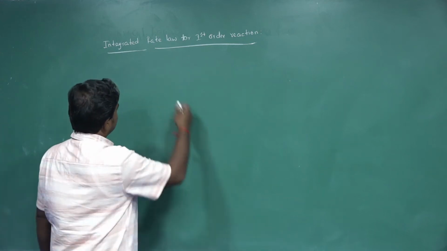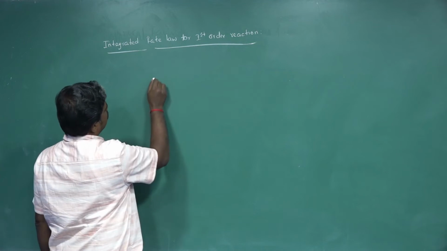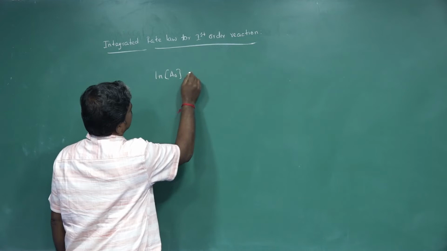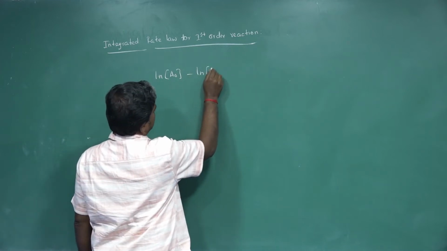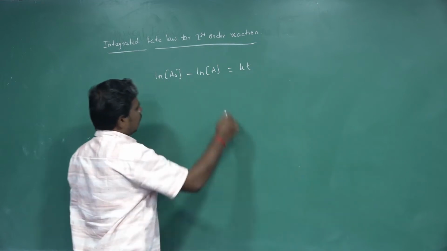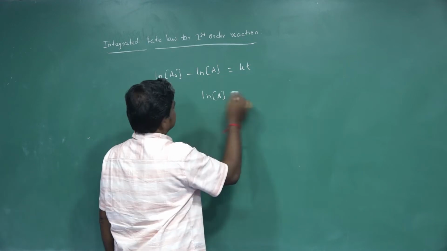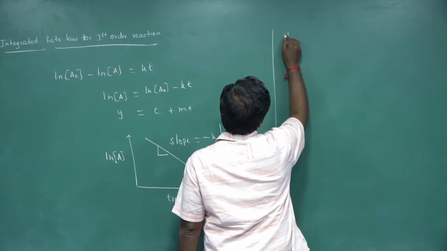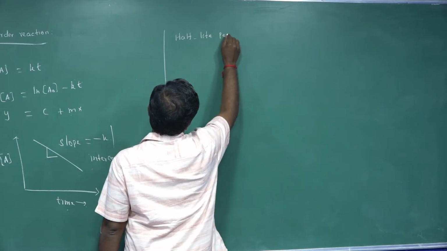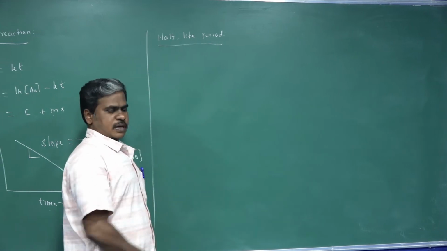Now we are taking the graphical representation of a first order reaction. You know that ln[A]₀ minus ln[A] is equal to kt. Now we come to the half life period. What do you mean by half life period?